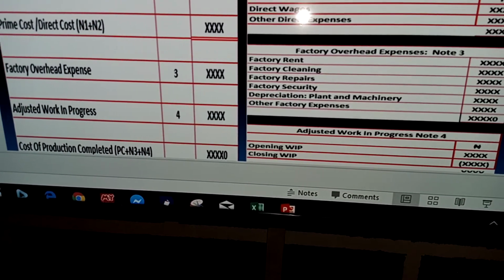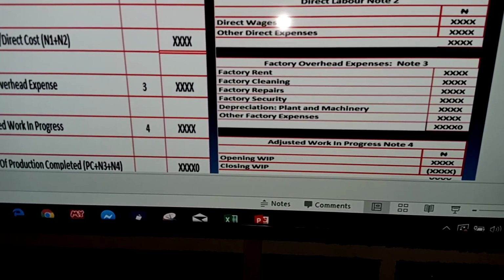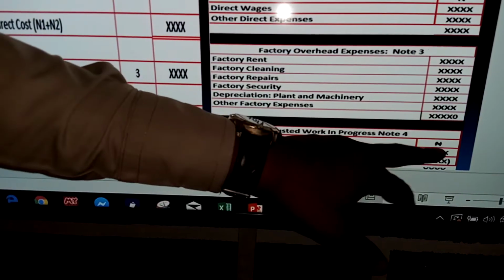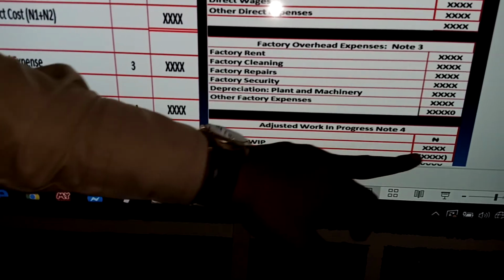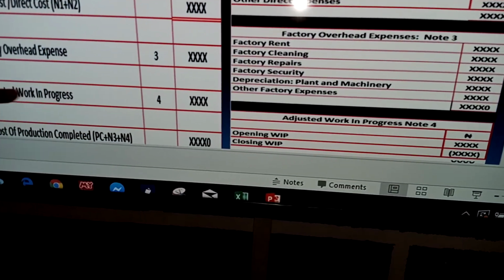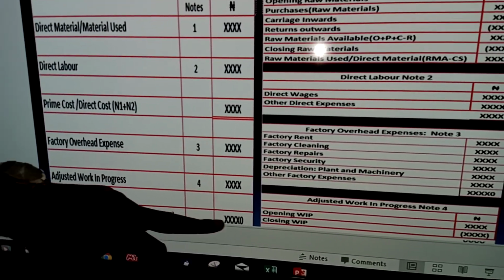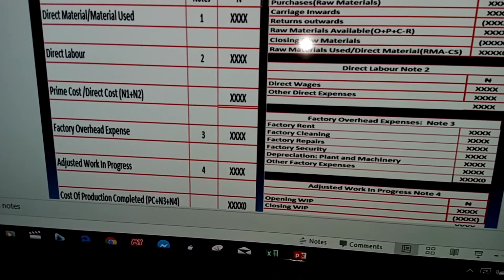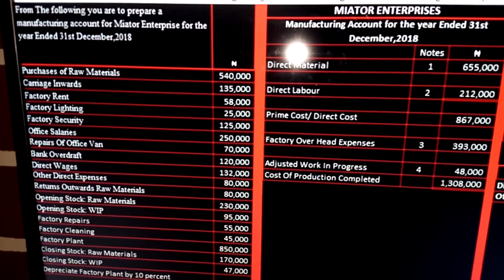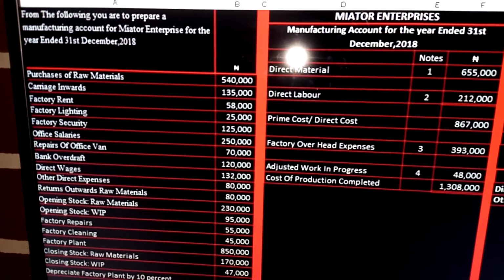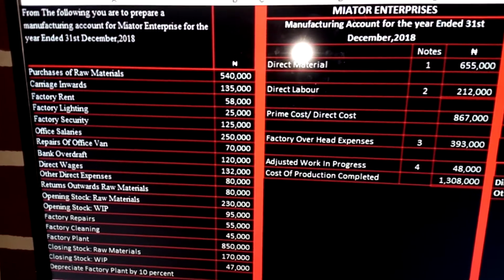That's the function of your opening work in progress and your closing work in progress. So you have your opening work in progress here. Take out your closing work in progress. Whatever you have is your adjusted work in progress. When you add them together, you have your cost of production completed. Now this is an illustration on how to prepare the manufacturing account.